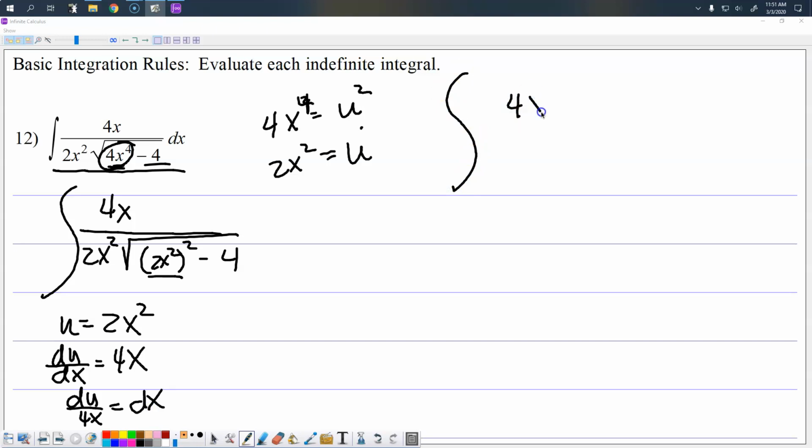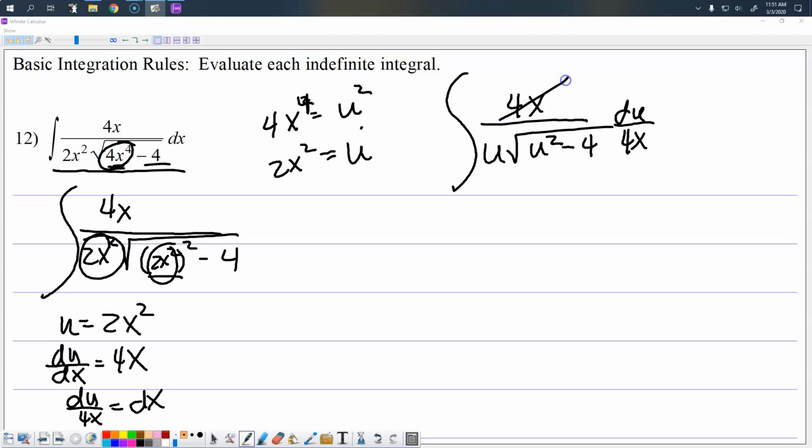So we have 4x on the top. Now we have the u in two places. I've got the u here and out here. So I'm going to put it in both spots. And we got du over 4x is what we're going to replace the dx with. So there's our u substitution.